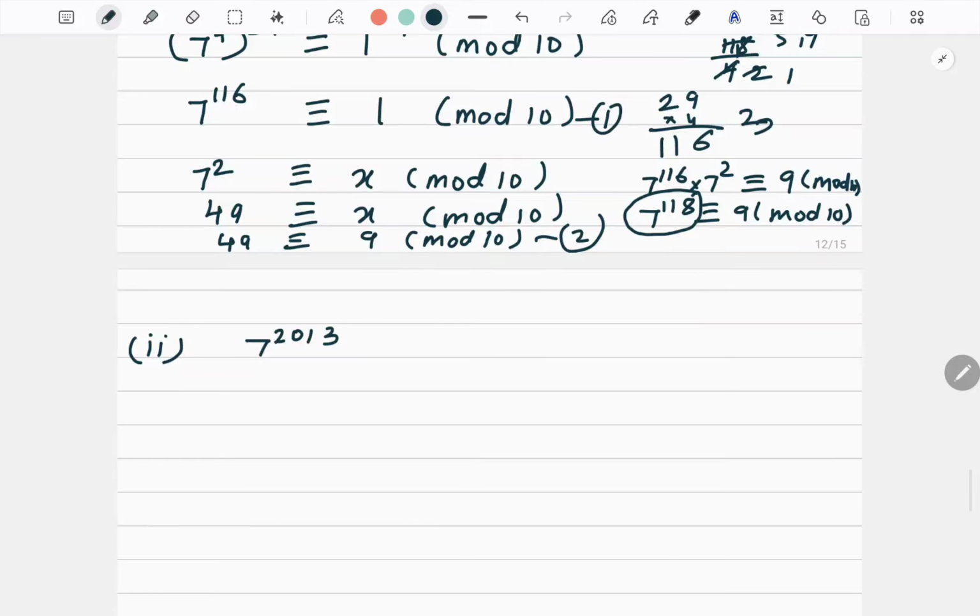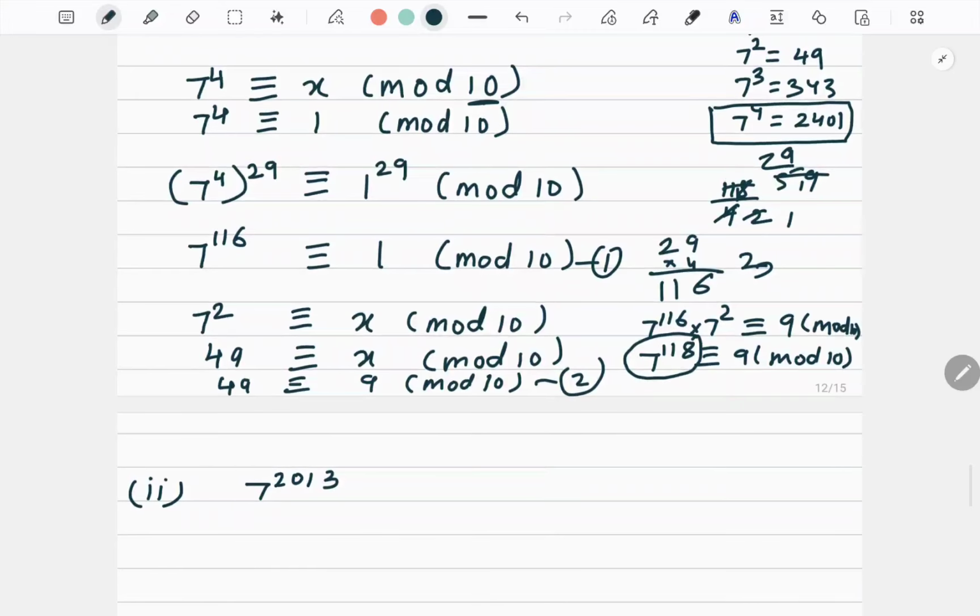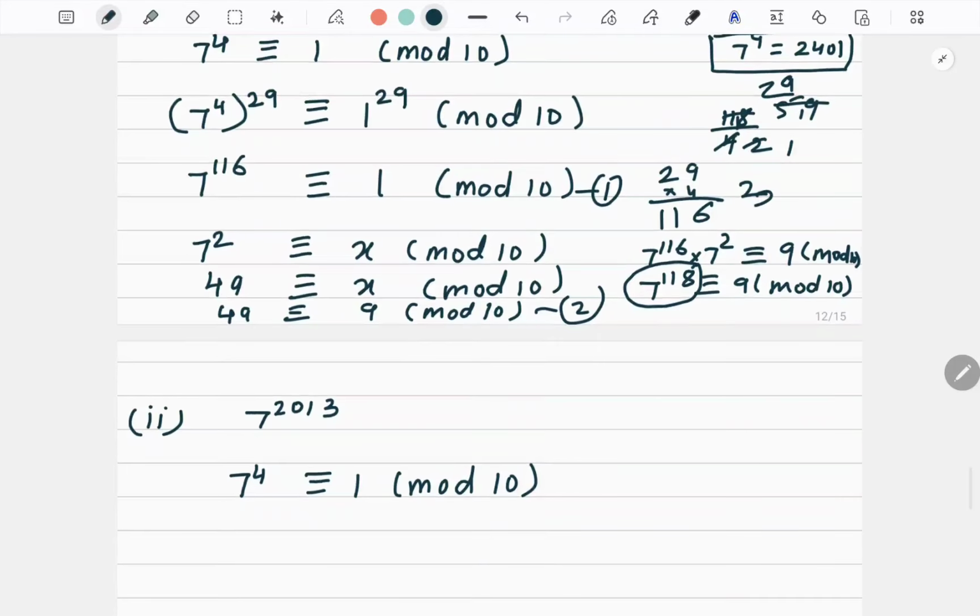Now 7 to the power 2013. I already know that 7 to the power 4 is 2401, ending with 1. So I will prefer it. 7 to the power 4 is congruent to 1 mod 10, I can write. Correct. Now we have to raise it to a certain power so that I go close to 2013.